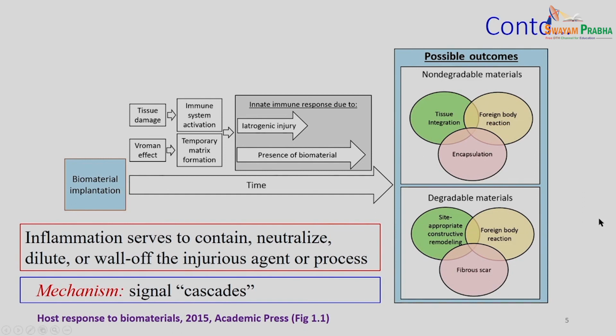So, now we can have two types of biomaterials, one is degradable, the other is non-degradable. When we implant a biomaterial, it has to go through a surgery route, so it causes tissue damage, and when there is tissue damage, it activates the immune system.